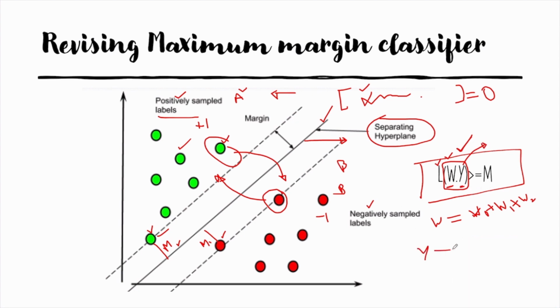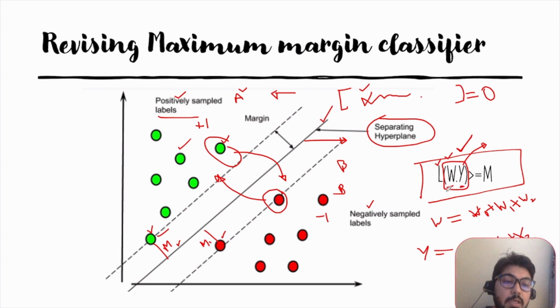So y would be something like 1 plus x1, this is the characteristic array, plus x2, and so on. We said that the dot product of w and y times its label will always be greater than m. If this condition is satisfied, then this hyperplane is good enough for separating these two classes. This is a maximum margin classifier.